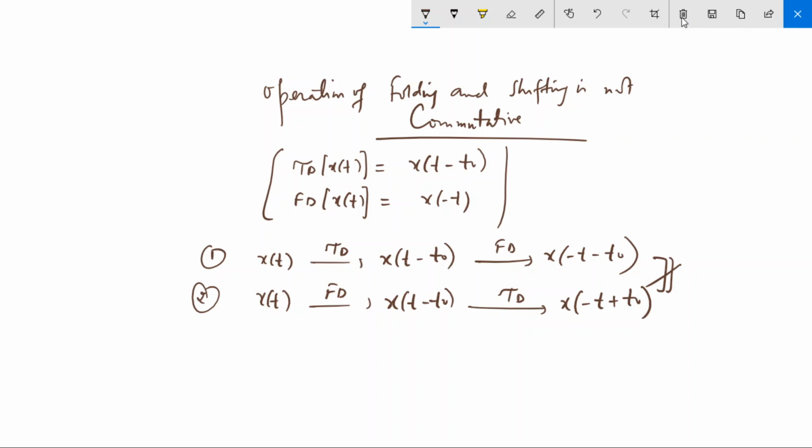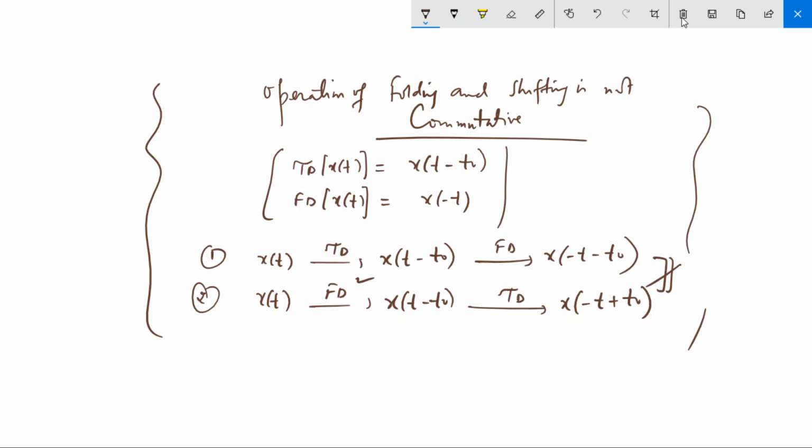If you change the direction of folding, you will get a different signal. If you shift the signal, then fold, and you fold and shift the signal as in the previous case, the signals will be different.